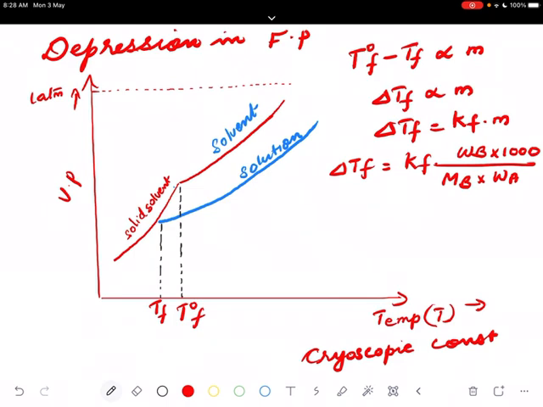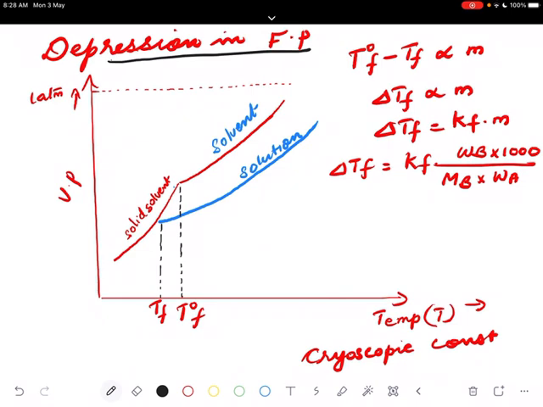This experiment is done at what temperature? The freezing point. Freezing point means you have to lower the temperature so that the vapor pressure decreases. In the case of elevation in boiling point, you have to go to a higher temperature. That is again a disadvantage.